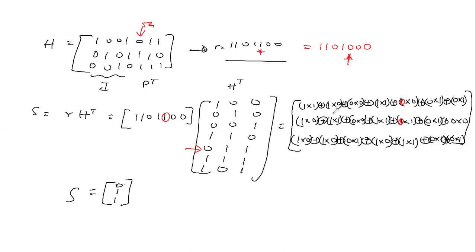So we have 1 here. We have 1 here. So 0 plus 1, 1 plus 0, 1 plus 0, 0 plus 1, 0 plus 0, 0, 0, 0. So this now is 0. And then this point here is 0 times 1, okay?